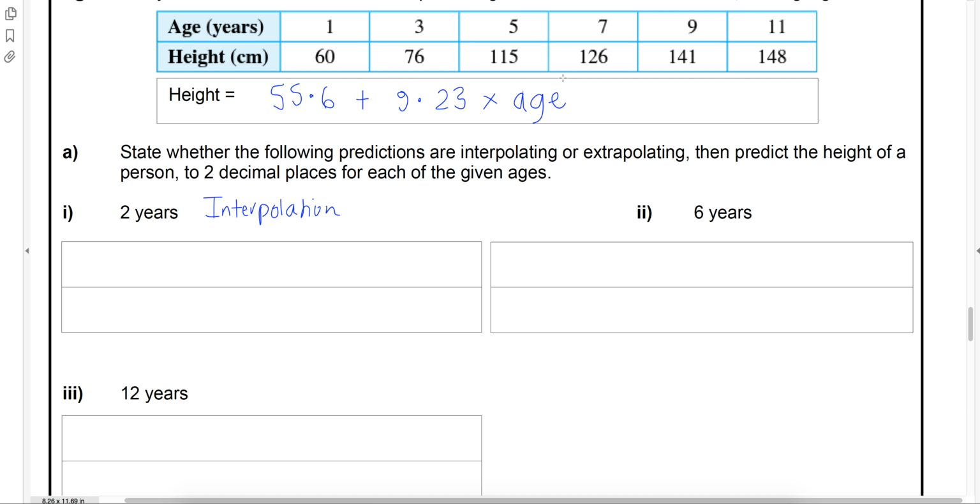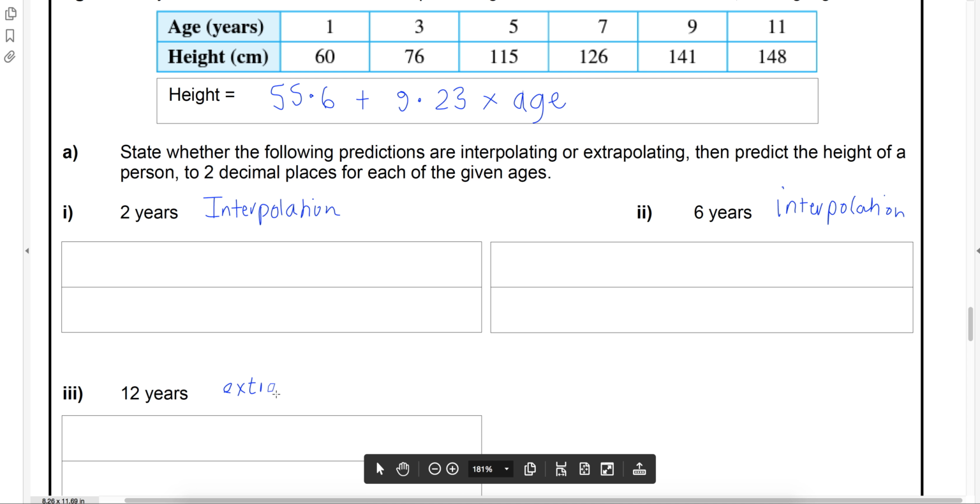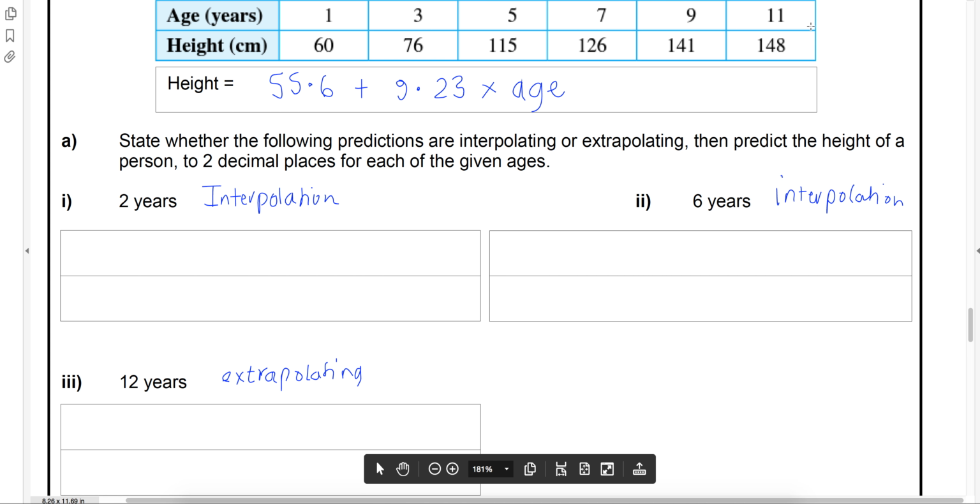Have a look at 6. Is it within the range? Yes. 12 years, however, as you can see, is extrapolating. And why? Because our data ends at 11 years. So, of course, we're going beyond the data that we've got.